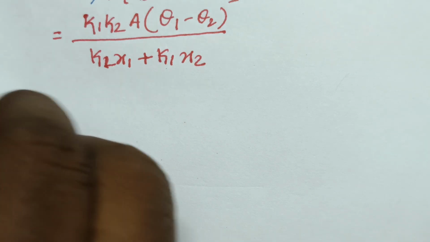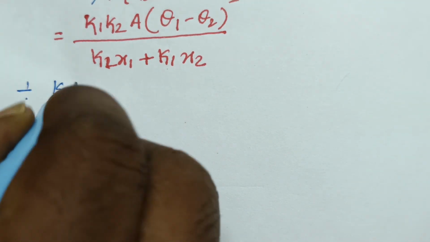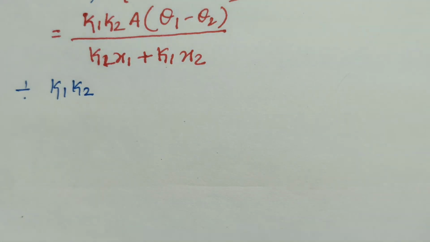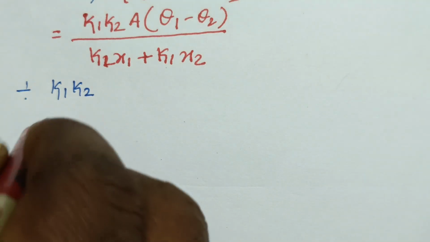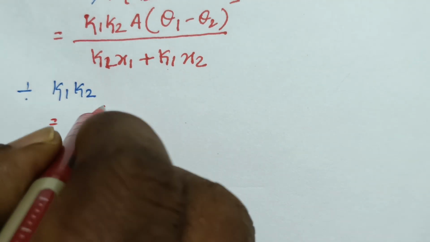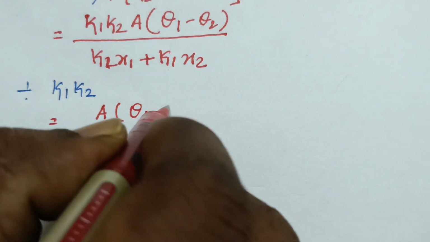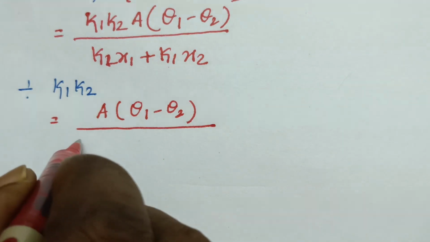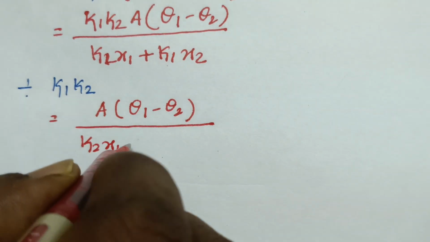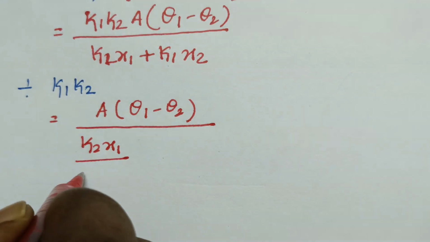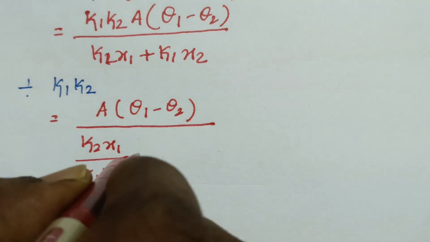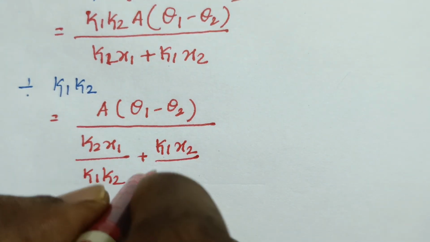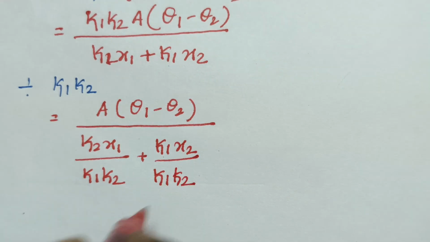Now divide by k1 k2 on both the numerator and denominator. Then you can write Q is equal to A into theta 1 minus theta 2 divided by k2 x1 divided by k1 k2 plus k1 x2 divided by k1 k2.